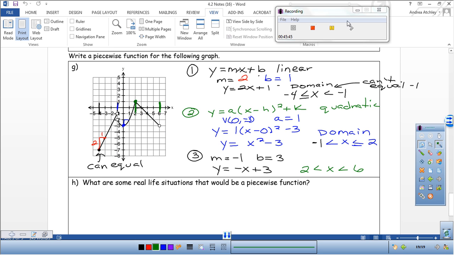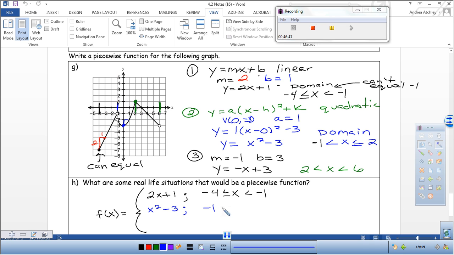Okay, let's write the whole equation. The piecewise function looks like this. We do that weird bracket. We have 2x plus 1, semicolon, our domain of negative 4 is less than or equal to x is less than negative 1. We do the next equation, the x squared minus 3 with the domain.